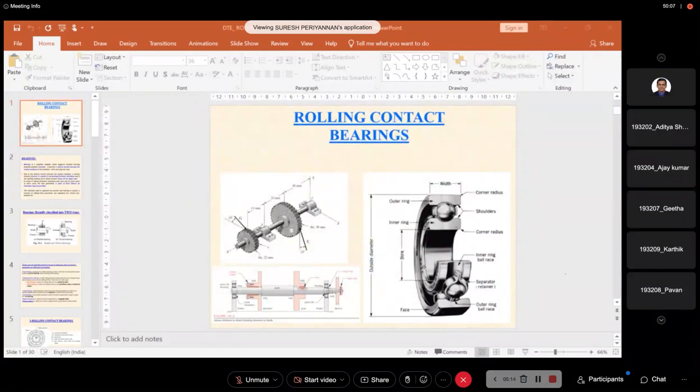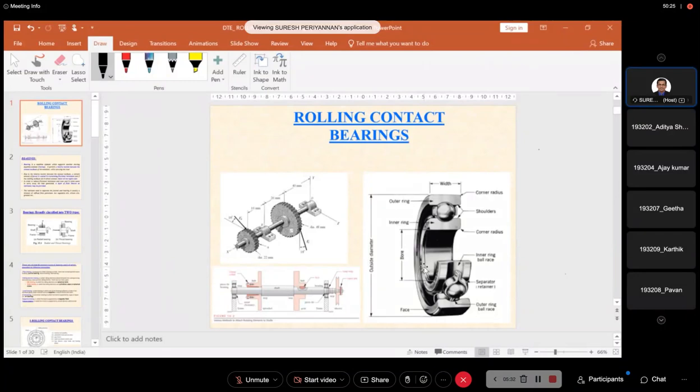So that's what we discussed in the last class. We are just recapping whatever we discussed in the last chapter, sliding contact bearings: the types, the components, and the classification based on load conditions, radial load, axial load, and combined radial and axial load.